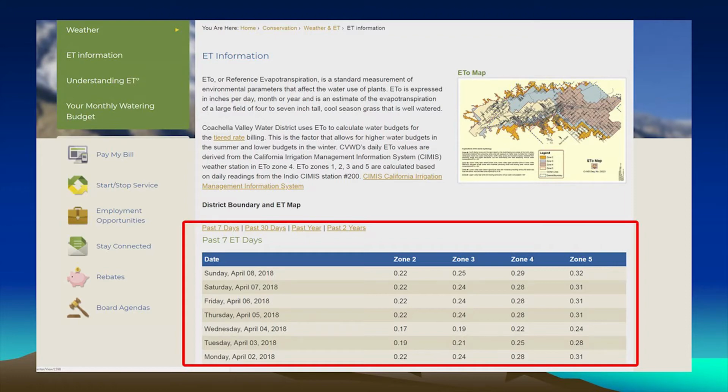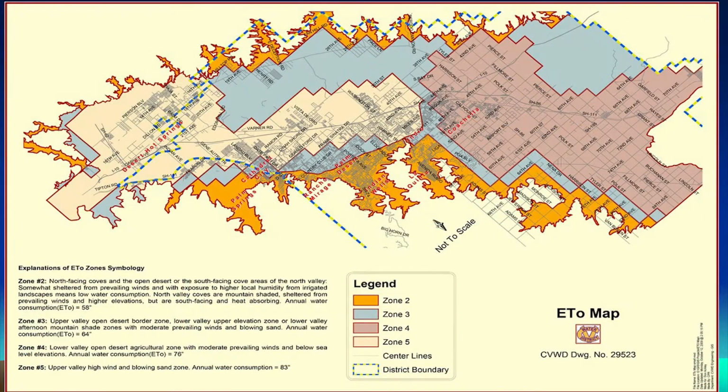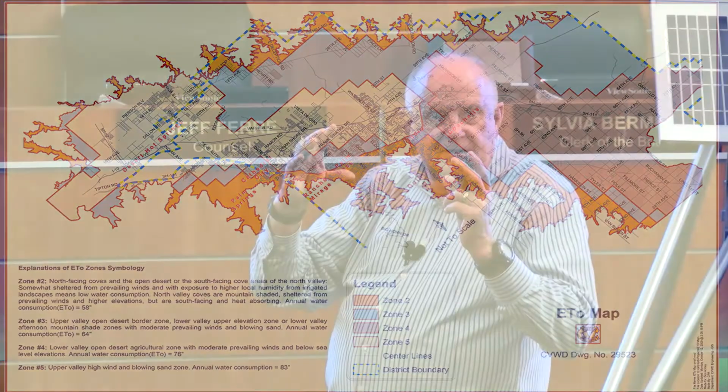And you click on the map, and you get a full page of the map, and then you put the cursor and keep clicking, and it blows it up bigger and bigger and bigger. So you can pinpoint, you can find your street, and you can find your house on it, and you'll know what zone you're in. All right, so all this makes sense so far?